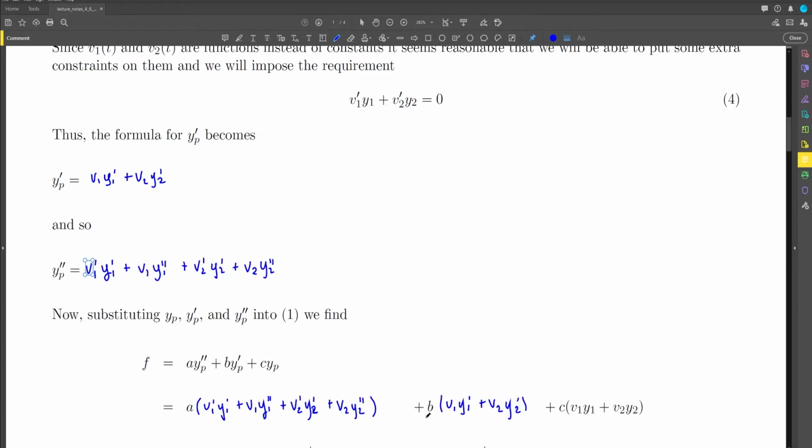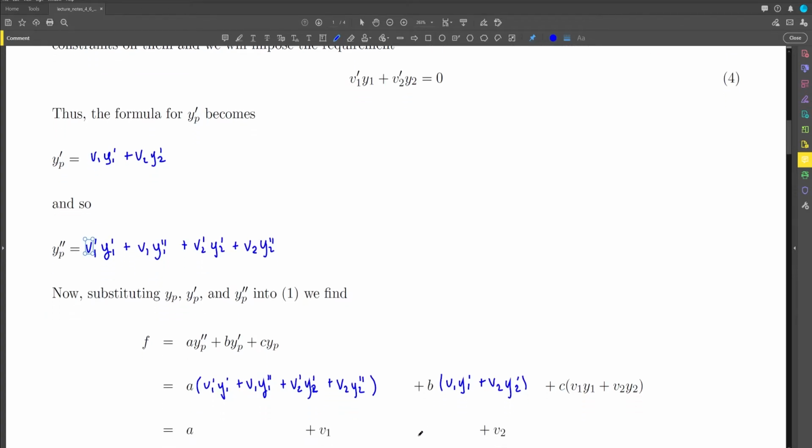Okay, now what we want to do is group this in such a way that we can simplify some things. So I want to factor out a v1 out of every term here that has a v1. Let's take a look at all the terms with v1.